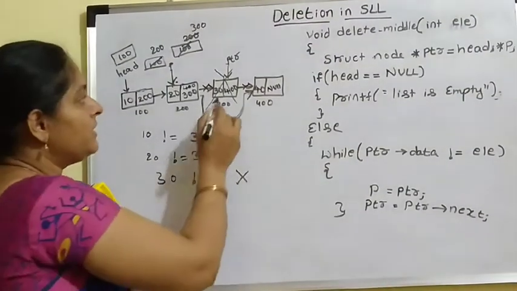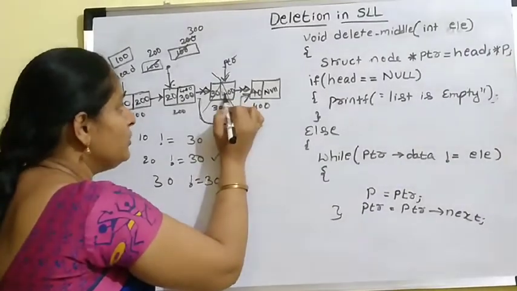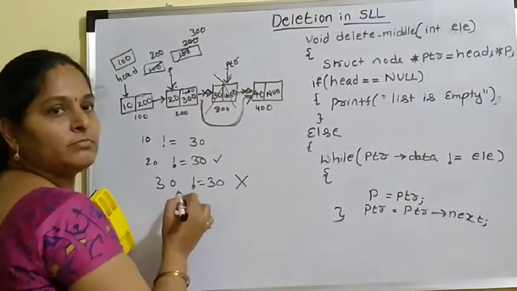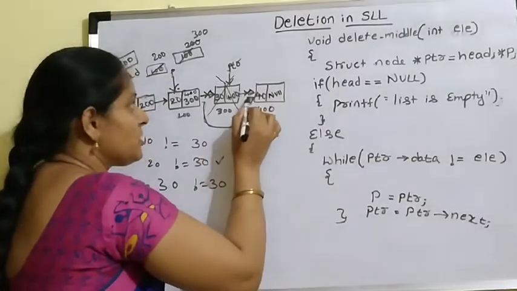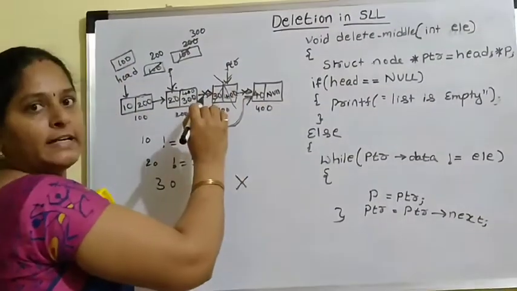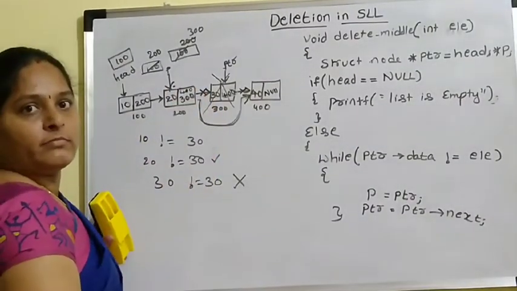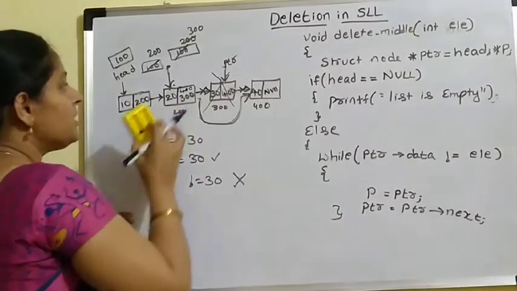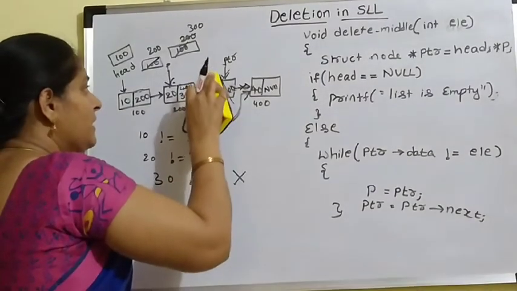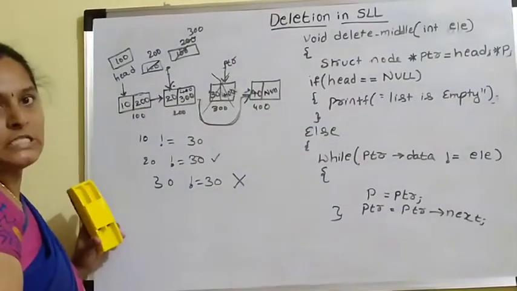Whatever value is in the PTR next, we store that value in the P next. That means automatically this link will be established and this link will be disconnected, because we are replacing 300. Now this node is separated from the list.